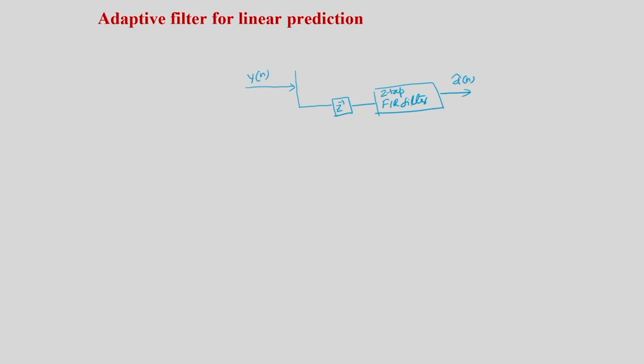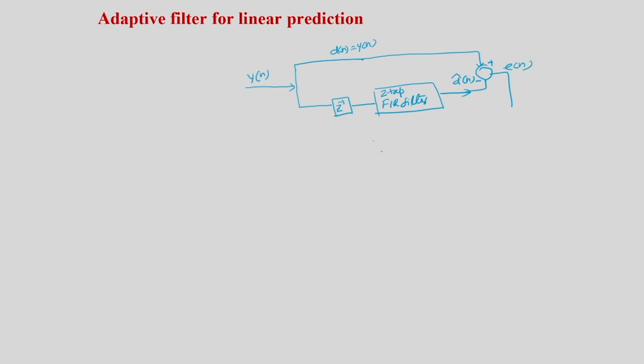Now, this y n is the desired signal, d n is equal to y n, and this desired signal will be compared with d hat n, and the error e n will be computed.